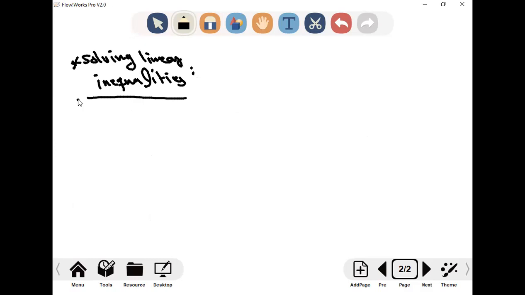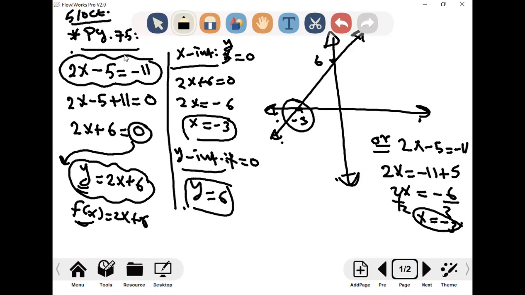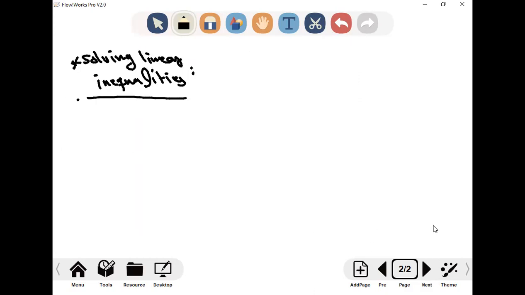Linear inequality. Now here, we call this an equation because it has an equal sign with two sides, right? Now the inequality has one of the following signs: less than, more than, less than or equal, more than or equal. And we talked before about how to graph inequalities, right? Remember the steps: turn it to an equation, find the intercepts, then use 0, 0 as a reference point.